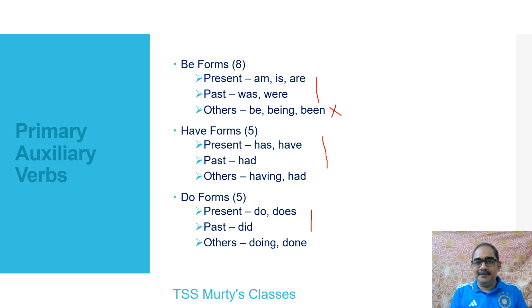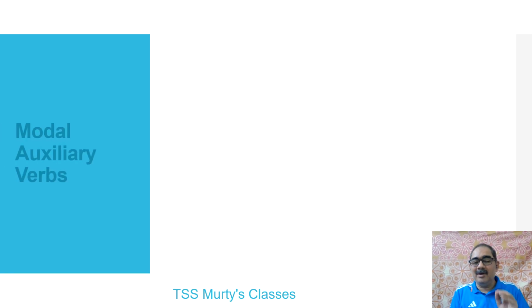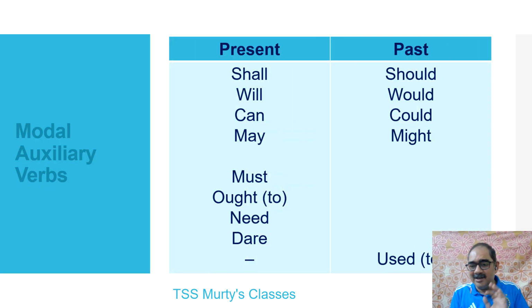So moving forward, we have modal auxiliary verbs. I'm not going to spend more time on this. Modal auxiliary verbs are 13, we said. Yes, 13 exactly. And each one has different uses. Their form is only one, but their functions could be plenty. It takes a long time to explain these things.